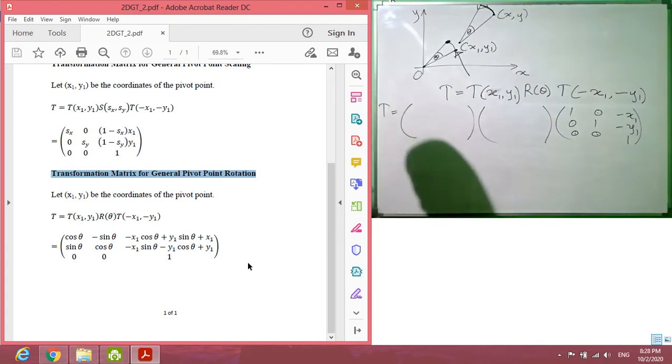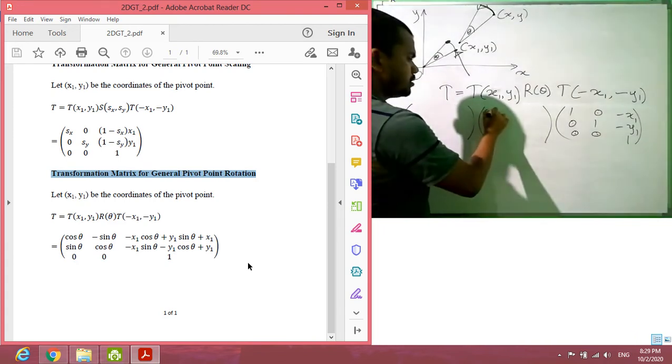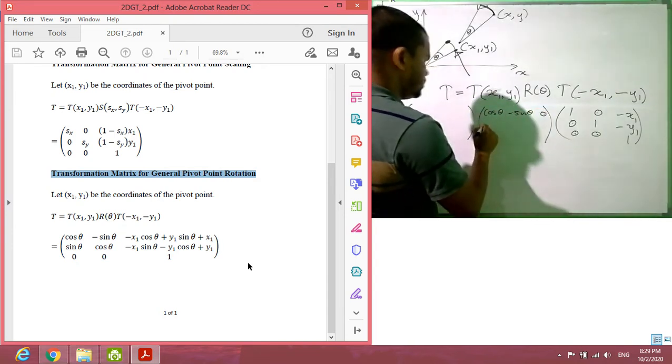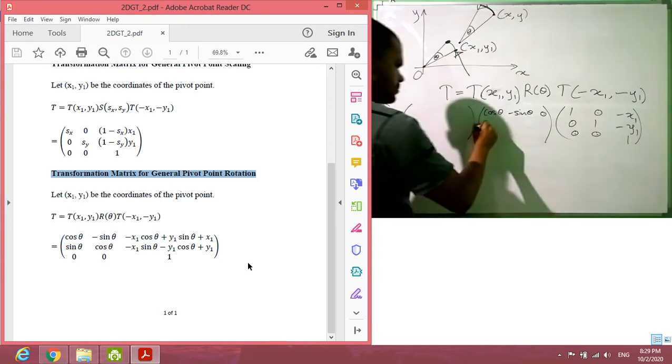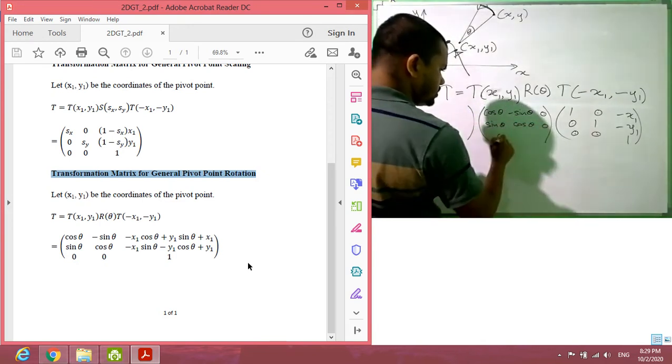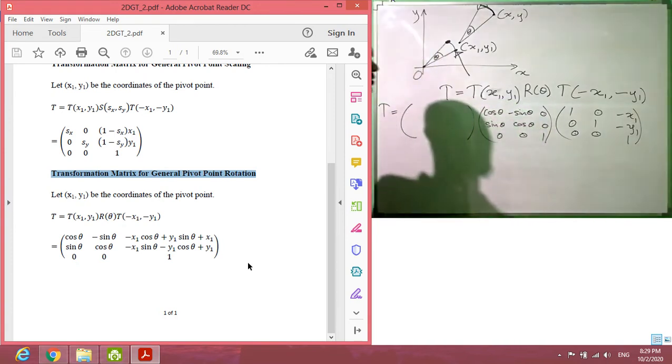Okay, that is the matrix. And now here, cos theta, minus sin theta, 0, sin theta, cos theta, 0, 0 0 1.